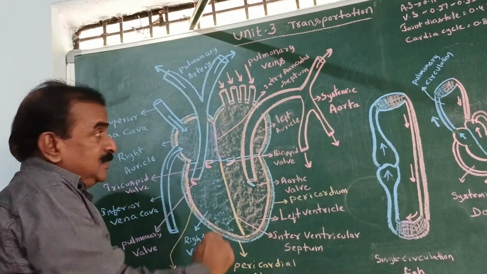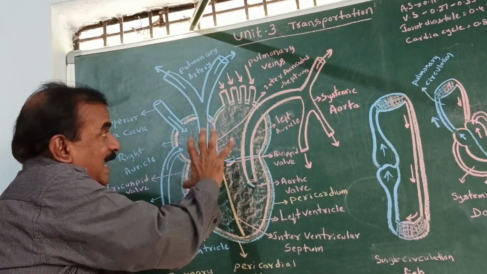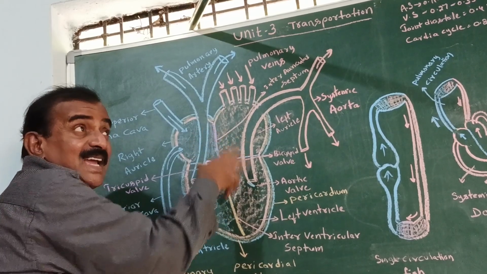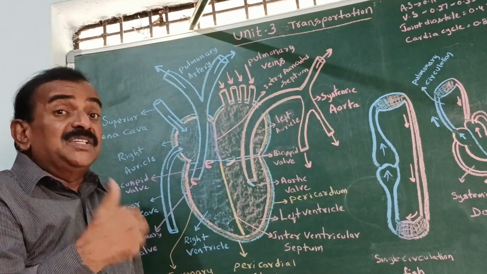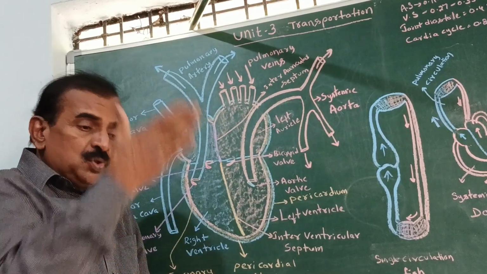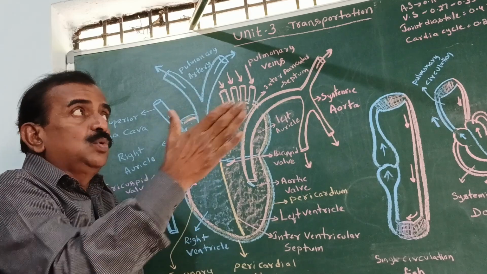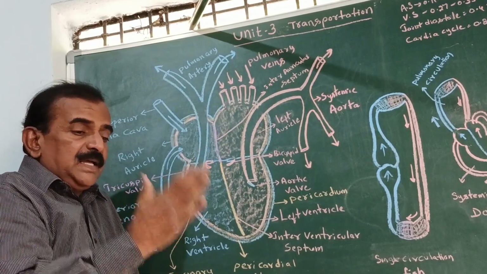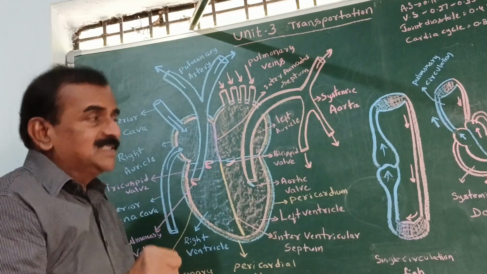Anterior broad, posterior narrow, and triangular outline. If you see a sheep heart or goat heart, on the dorsal side you see two grooves, and these two grooves indicate that the heart has four chambers inside.